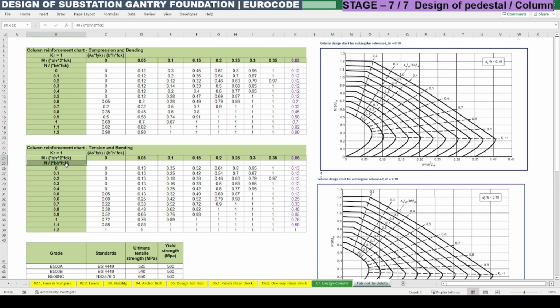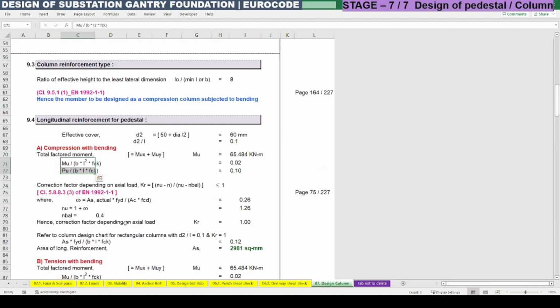Applying this equation we will be getting some value. Based upon that and the factor, M by bd square fck, those equations are displayed here. Accordingly this interpolation method is applied and the values to be extracted from this table. So we need to find out this requirement Mu by bd square fck.